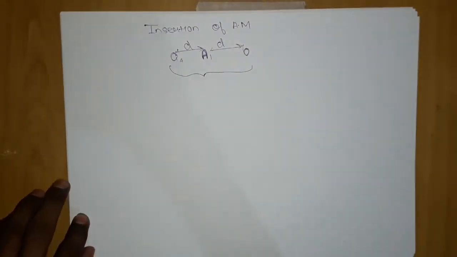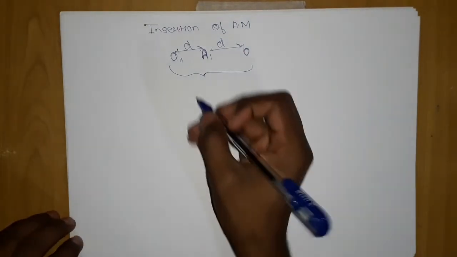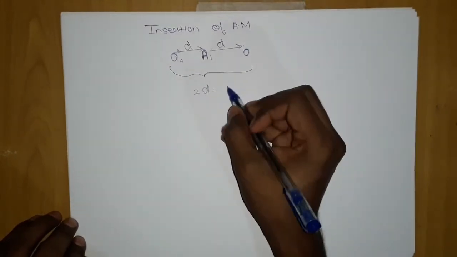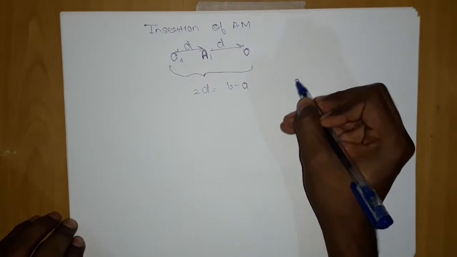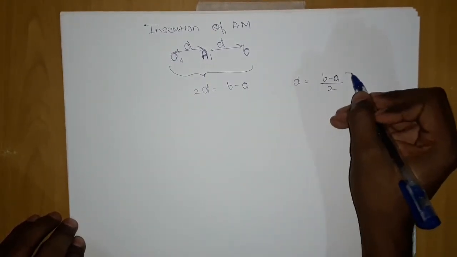If I am inserting one AM between a and b, then 2d is the distance between b minus a. From basic coordinate geometry, d is (b minus a) by 2. This is the d.